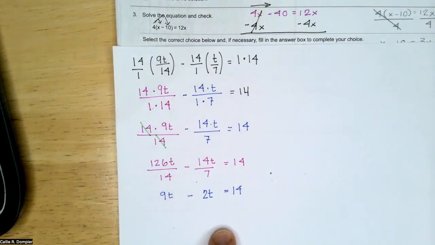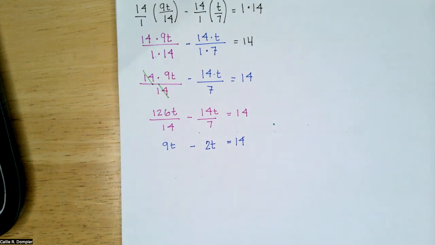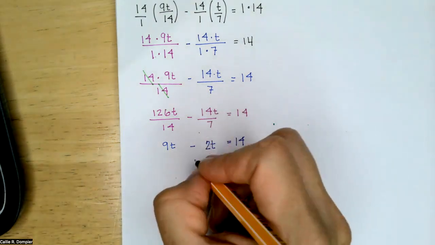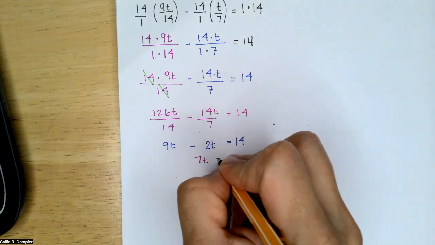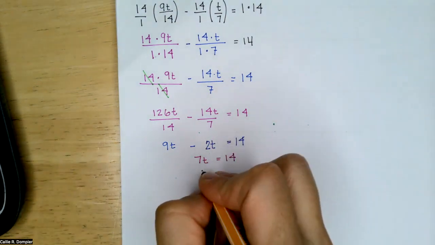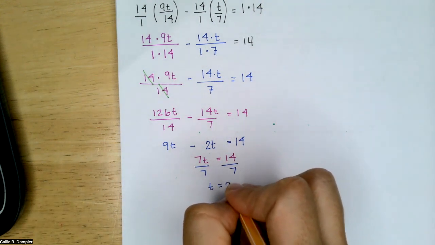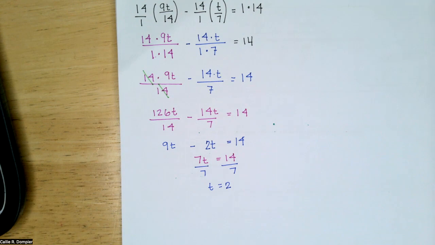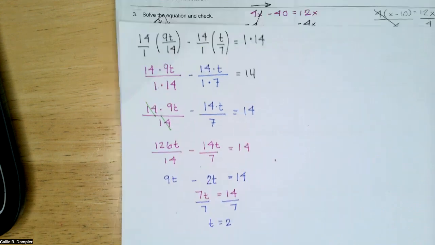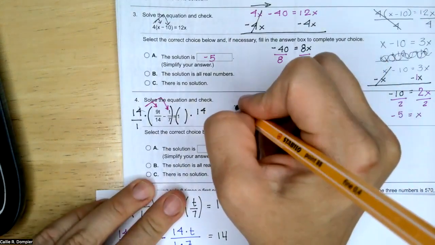But make sure that makes sense how we got to there. 9t minus 2t, now we're just combining like terms. 9 minus 2 becomes 7. 7t equals 14. And we're going to divide both sides by 7. t is 2.